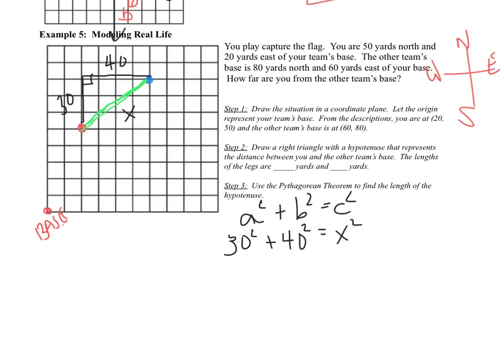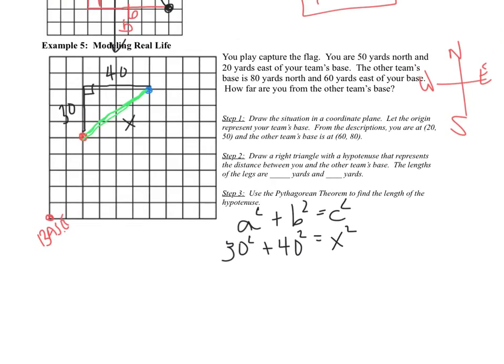So we square the sides: 30 squared is 900, 40 squared is 1600, equals x squared. If I add 900 and 1600, I get 2500, which is a big number, and you can certainly use a calculator, but I also see that it's a perfect square.